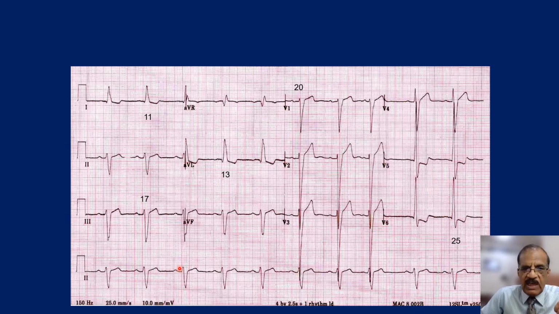But one tricky thing is that sometimes the machine will automatically change the deflection when the precordial leads start. Why? Because precordial leads are typically taller than limb leads. The machine will sense that these complexes are too tall and will not fit in the paper, so it automatically reduces the size of the deflection, and that will be shown by separate boxes here.